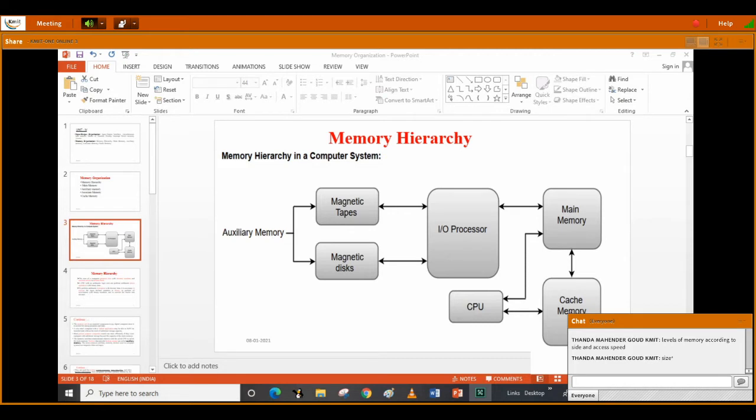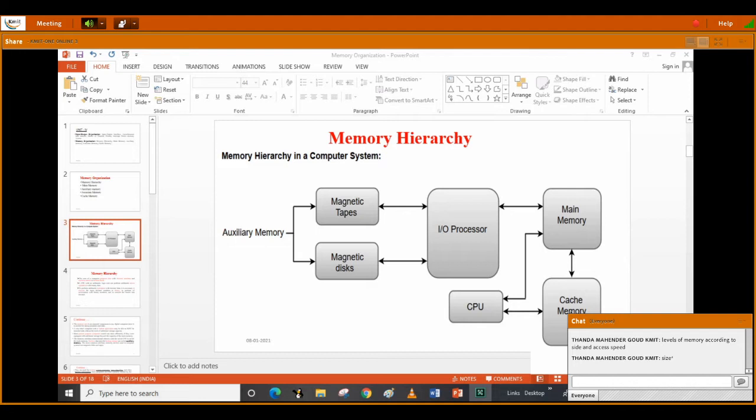Small means we are transferring the data very fast, with higher accessibility. Everyone listen: cache memory is a very fast memory.